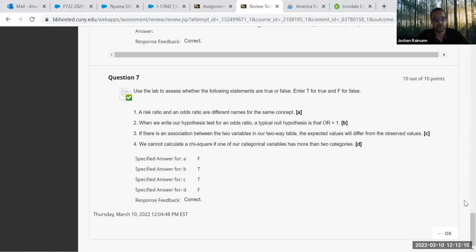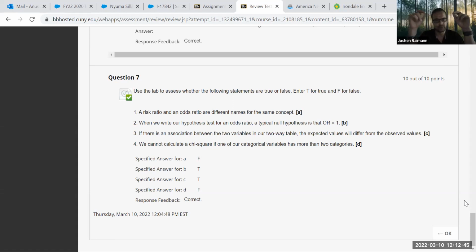And then when coming to the third question, if there is an association between two variables in our two-way table, the expected values will differ from the observed values. So when you think of a contingency table, a 2x2 table, based on the marginal totals, you can estimate one cell, basically what the expected frequency of that cell is, just by the marginal totals, the marginal proportions.